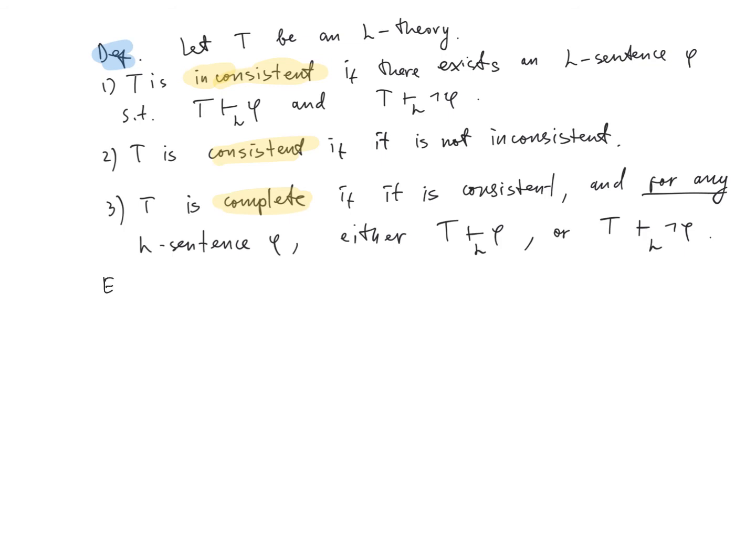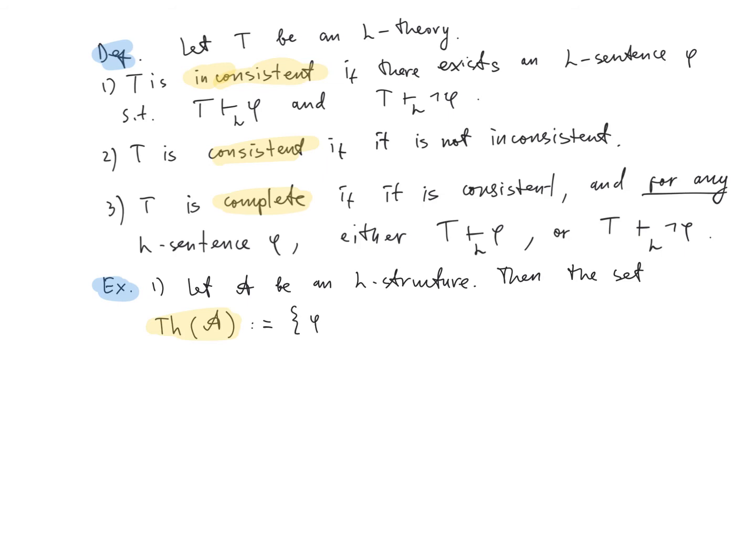Let us consider a couple of examples. First, assume that A is an arbitrary L structure. Then we can consider the following set of first-order sentences. We denote it as the theory of A, and it consists of all L sentences phi so that A satisfies phi.